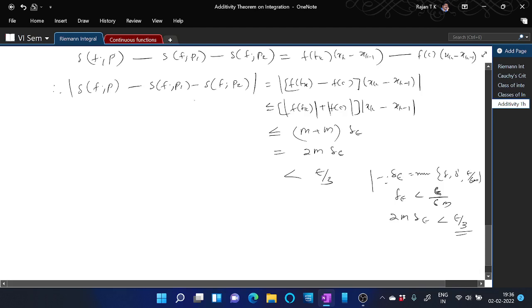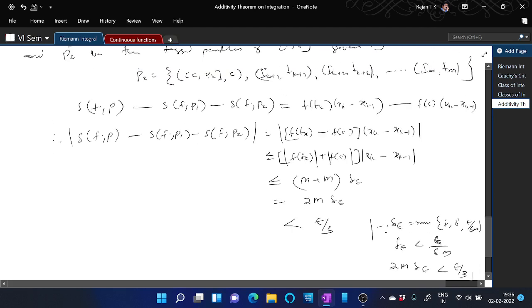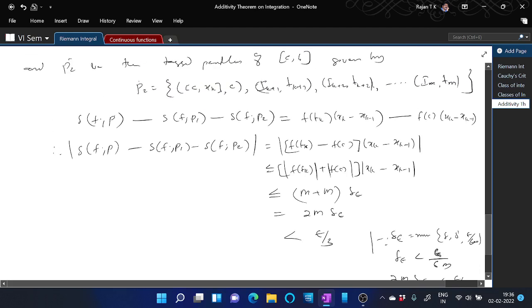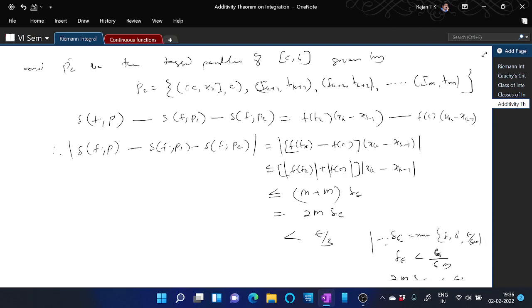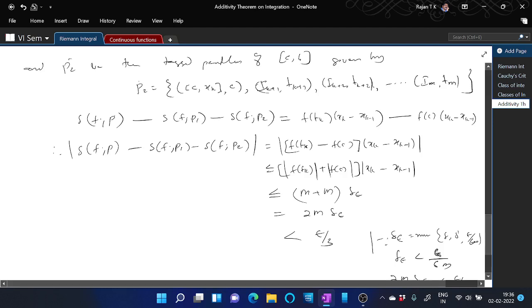Also we have P1 and P2 are such that norm of P1 is less than delta, norm of P2 is less than delta, since they are respectively less than delta 1, delta and delta double dash.